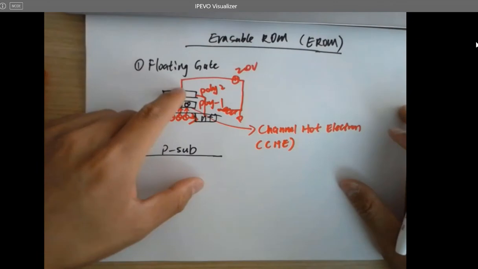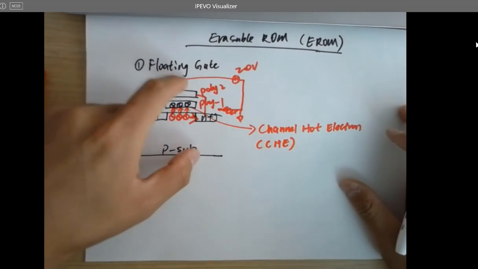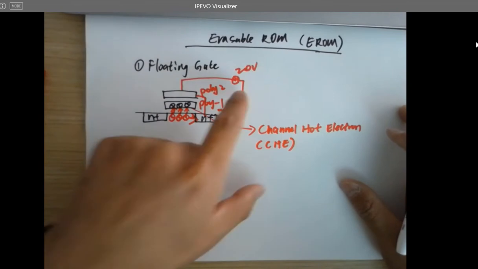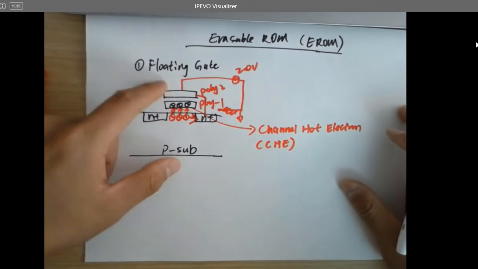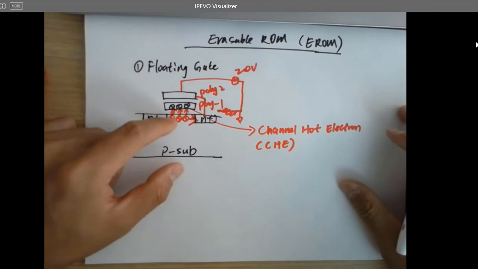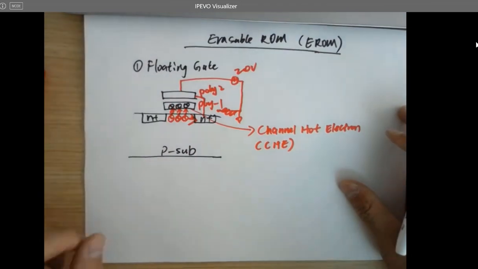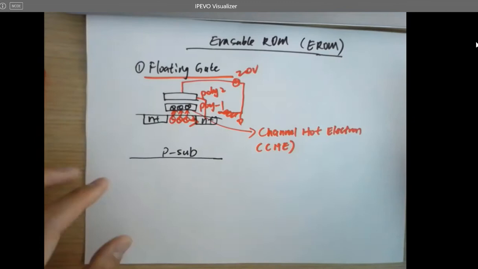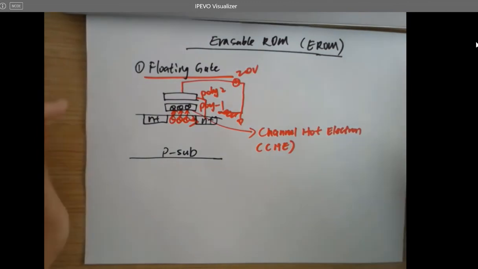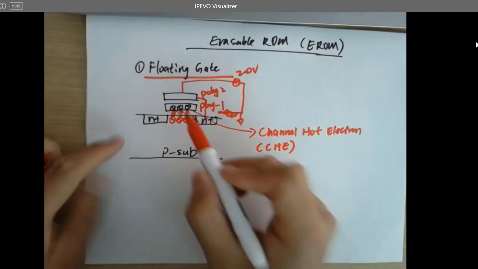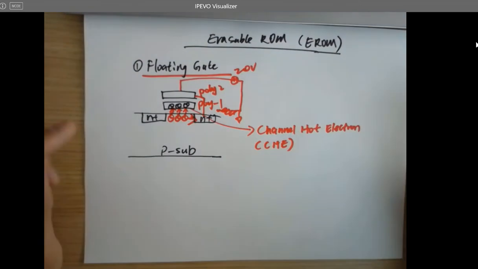So what's going to happen if you attract electrons in the poly 1? Poly 1 is not being directly switched by any of the voltages here. So if you are not using 20 volts, use 5 volts trying to turn it on, it's still being applied to poly 2, but not poly 1. Poly 1 is not being connected to anywhere. That's why it's called floating gate. Floating. It's just used for trapping electrons. So if electrons are being trapped in poly 1, what's happening? What do you think?